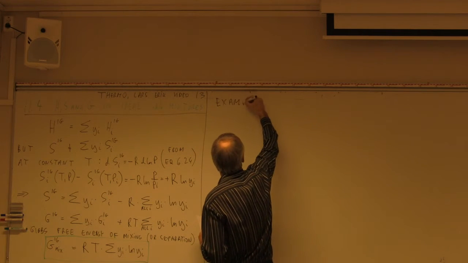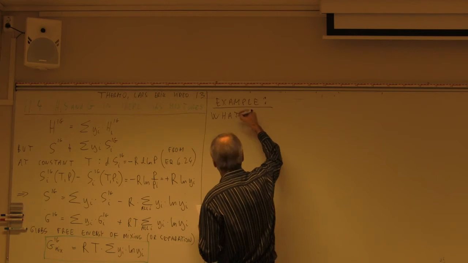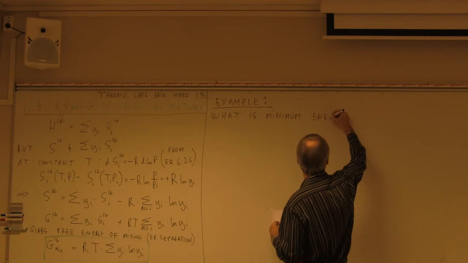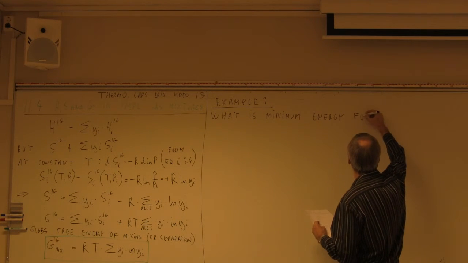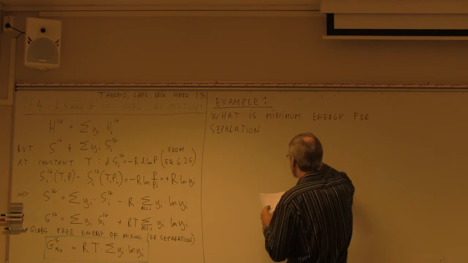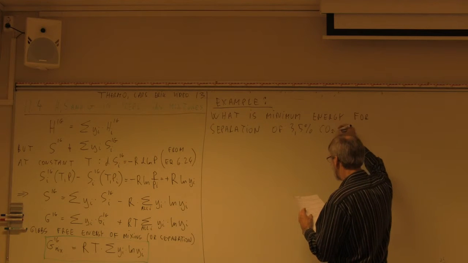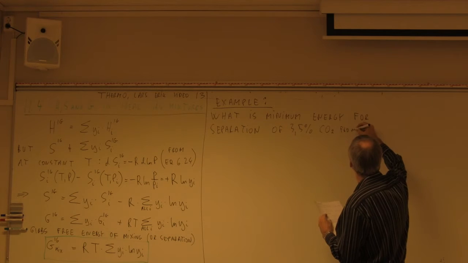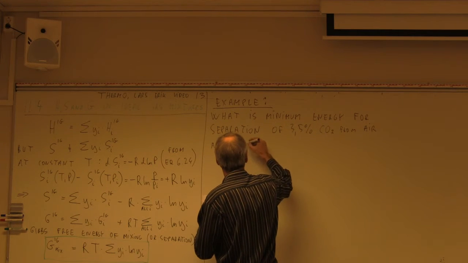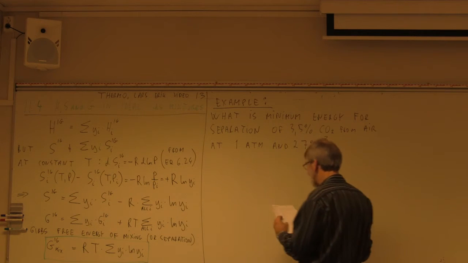Then I had one example where I ask what is the minimum energy for separation of 3.5% CO2 from air at 1 atmosphere and 27 centigrade.